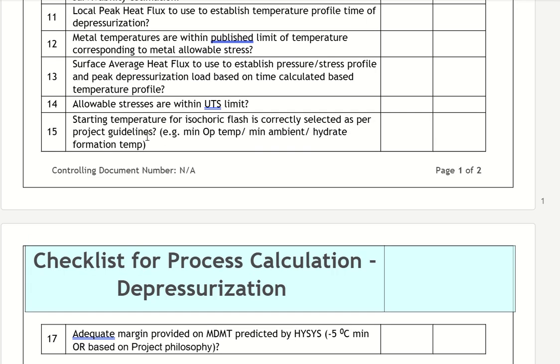Then this talks about whether the starting temperature for the isentropic flash is correctly selected as per project guidelines, like minimum operating temperature, minimum ambient, hydrate formation temperature.